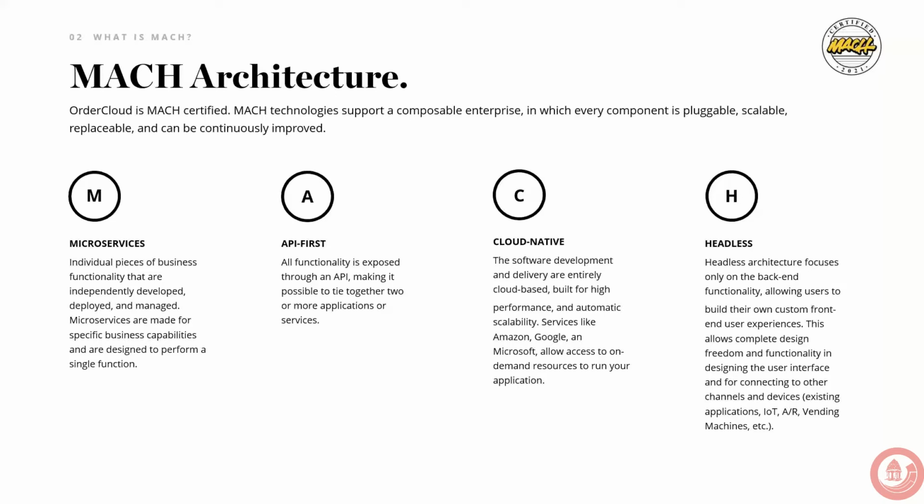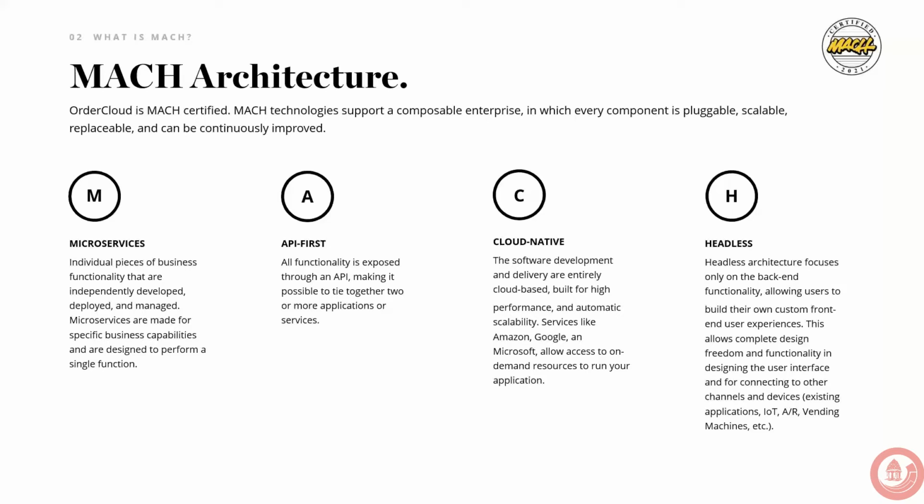So imagine parallel teams working together and deploying microservices for particular pieces of the puzzle. In the context of commerce, for example, you can have a particular team just focused on the checkout flow, a particular team just focused on the product details page. So that's where microservices come into play.